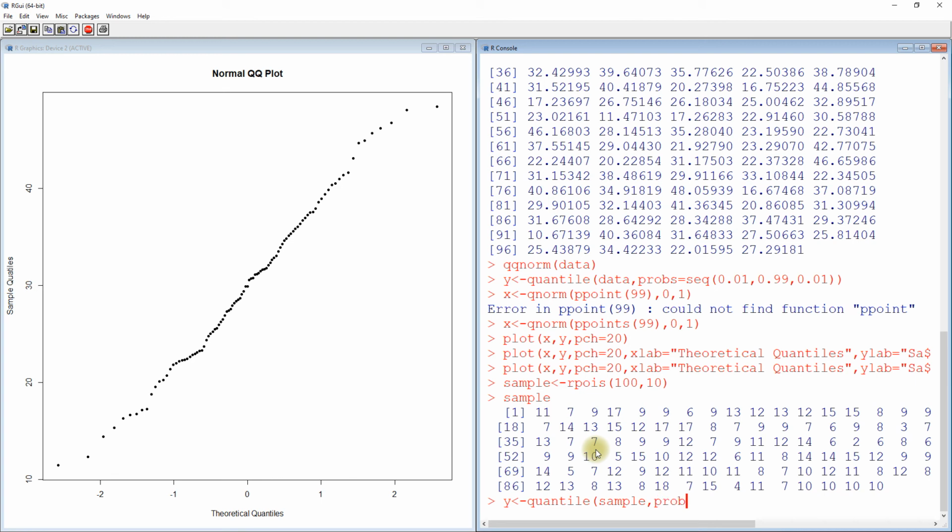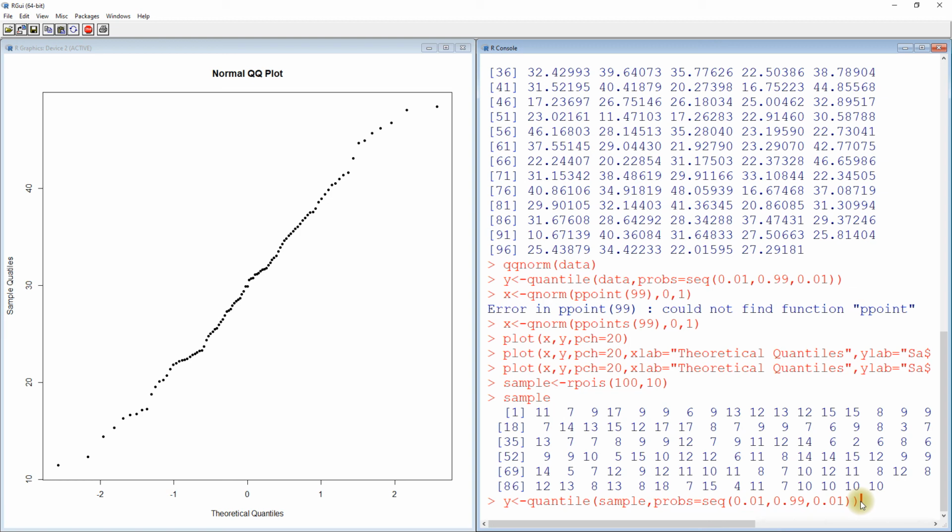I do probs equal to sequence of 0.01, 0.99, and 0.01. What does this mean? It will generate 99 quantiles. Of course, you may wish to change that according to what you want. But here you've got 99 points as you had earlier. I could also change that into different settings. I could plot from 0 to 1 in steps of 0.01. Whatever you want, you can do it.